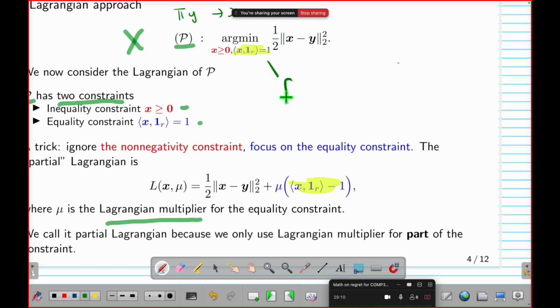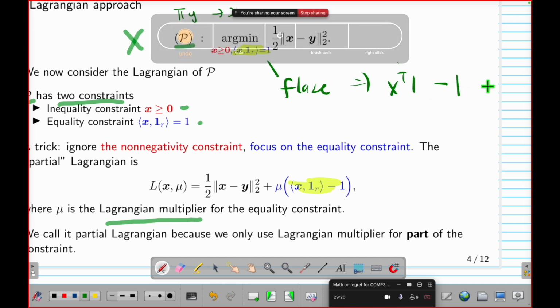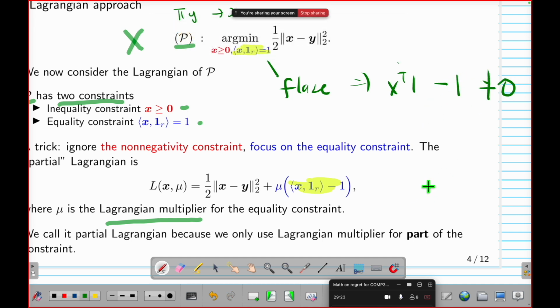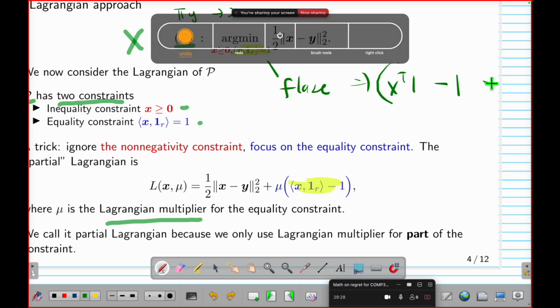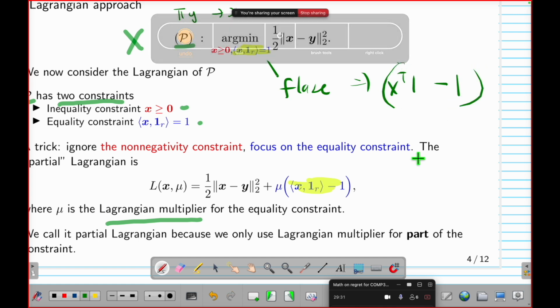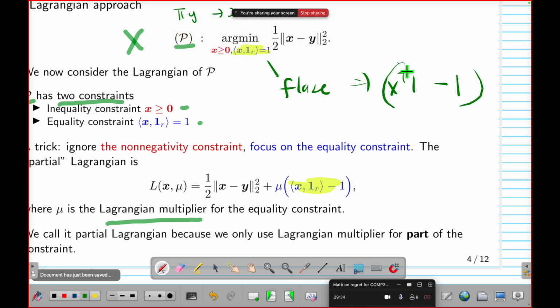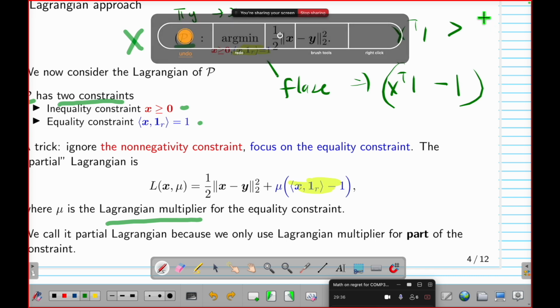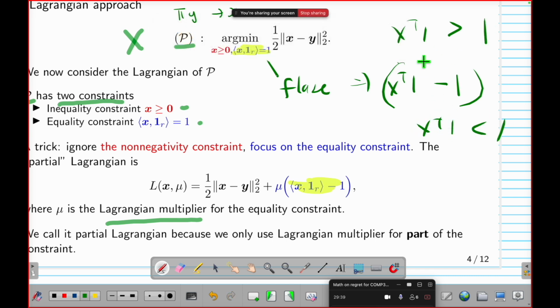If this is false, that means x dot 1 is not 1, which means x dot 1 minus 1 is not 0. It means this thing is some number, right? It can either be x dot 1 larger than 1 or x dot 1 smaller than 1, right? Doesn't matter for a moment because I will have a mu here.